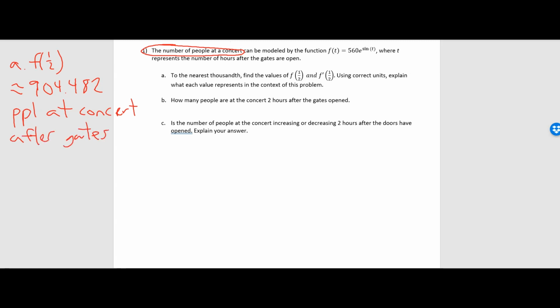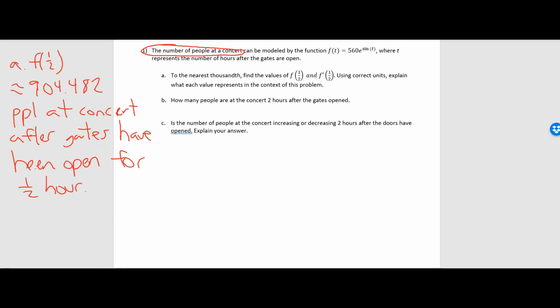So after gates have been open for half an hour. And you could put 30 minutes, you could put 0.5 hours. The key thing here, though, is that you include people, and you say that's the number of people after the gates have been open for that amount of time, half an hour.